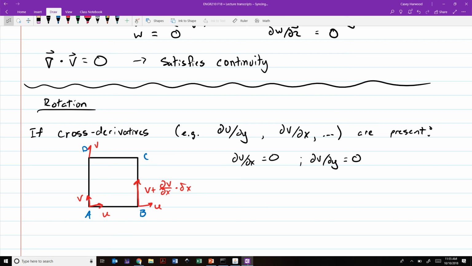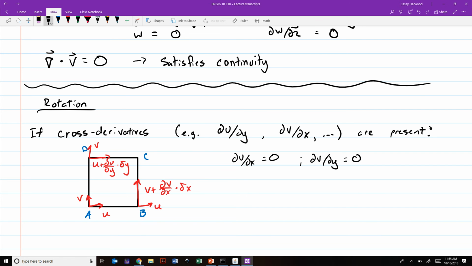Over here it'll be v and u plus du/dy times delta y. Once again, first order Taylor series. If the horizontal component of the flow is only changing in the y direction, then it's going to increase from u to u plus the slope times the distance. Same thing with the vertical velocity.